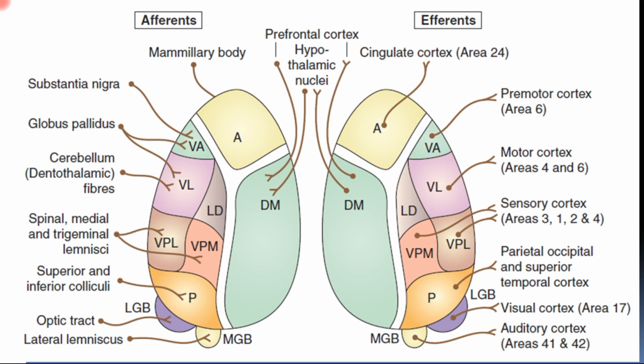So it is responsible for relaying the visual sensation, and once it receives the neurons, it synapses to cell bodies, and these give rise to axons which go to the visual cortex, area number 17, 18 and 19. So the afferent is the optic tract to the lateral geniculate body, and the efferent goes to the visual cortex, area number 17, 18, 19. So it is relaying the visual sensation.